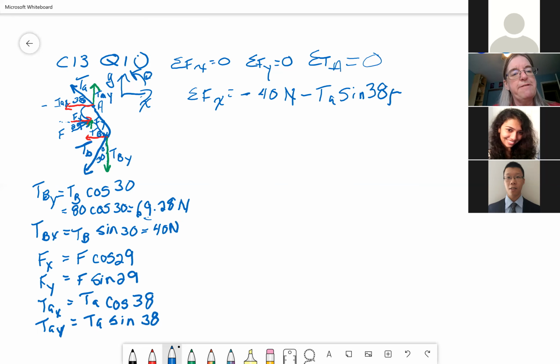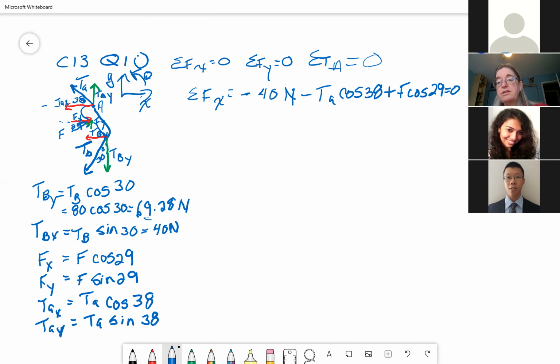Plus, because you can see Fx is actually going in a positive direction, plus F cos 29. Sorry, I was doing sines; I'm doing X's, and X's are cos for these other two. So minus 40 minus TA cos 38 plus F cos 29 equals 0.